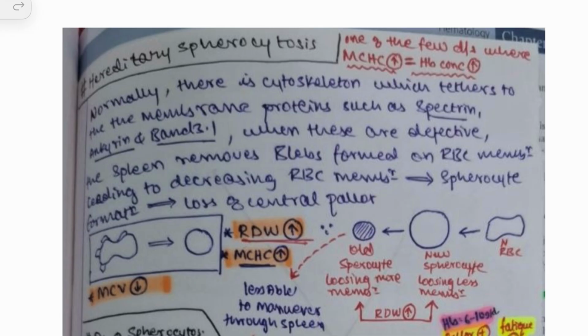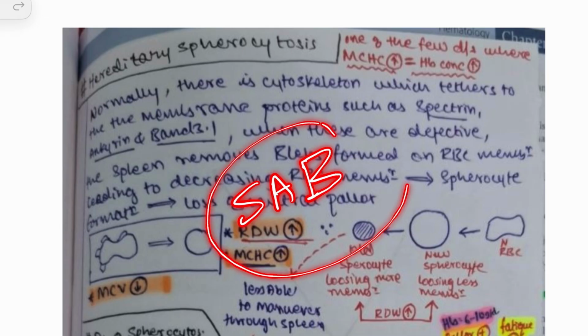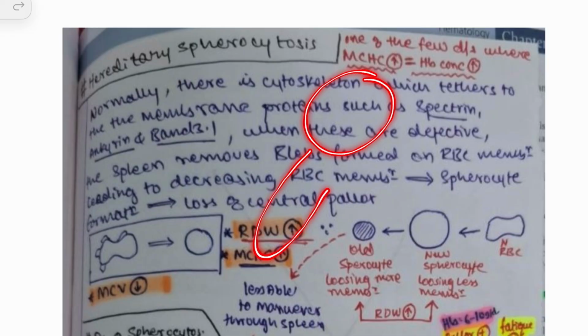Normally there is a cytoskeleton which tethers to the membrane proteins such as spectrin, ankyrin and band 3.1. I call them sub proteins. There is a cytoskeleton for this RBC. Cytoskeleton means, suppose a human is there, right?